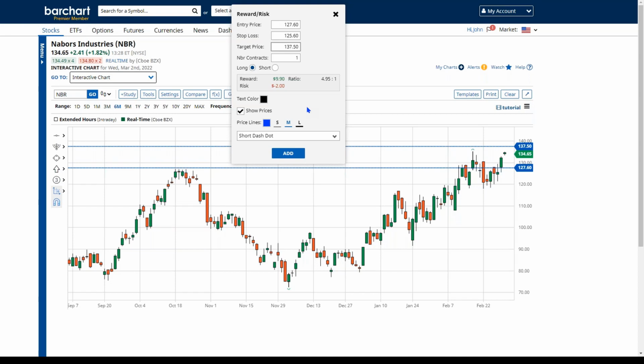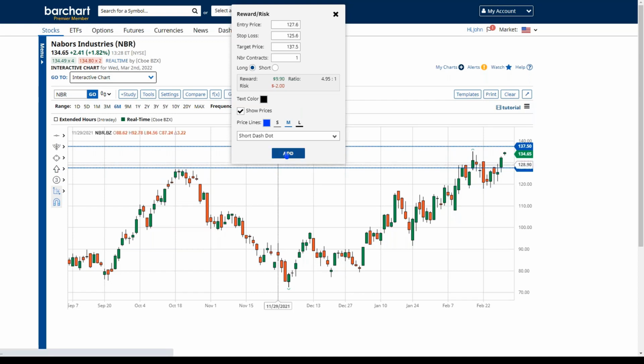And anything greater than 3-to-1 is a much better trade. But then we have to start thinking about some other things. If I set a target where I'm getting 5-to-1 or 6-to-1 or 10-to-1, that might not be a realistic target for a swing type trade. So what can I do to help me analyze that?